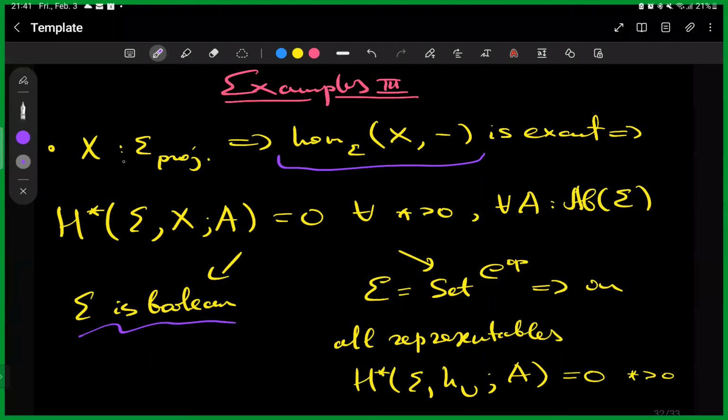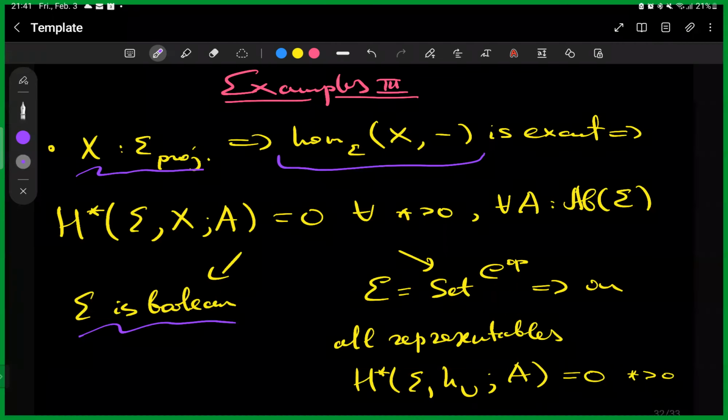The statement is that if we have a projective object, then the cohomology vanishes. And it just so happens that in both of these cases, here all objects are projective, and here all representable objects are projective. And this shows that cohomology vanishes. So that's just two examples of this general statement.